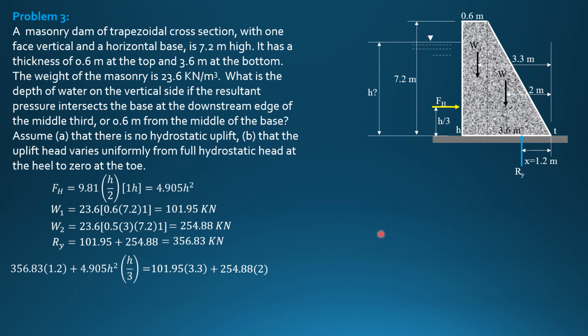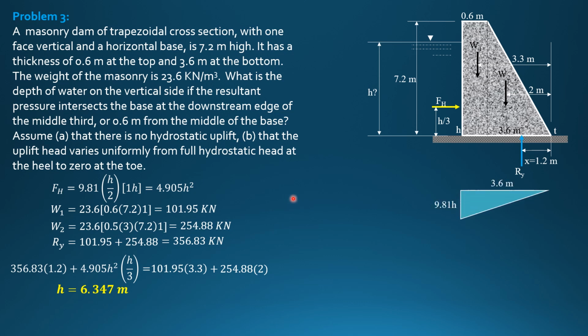So only H is unknown here. H cubed equals 101.95 times 3.3 plus 254.88 times 2 minus 356.83 times 1.2, times 3 divided by 4.905. Then take the cube root of the result. H is 6.347 meters.